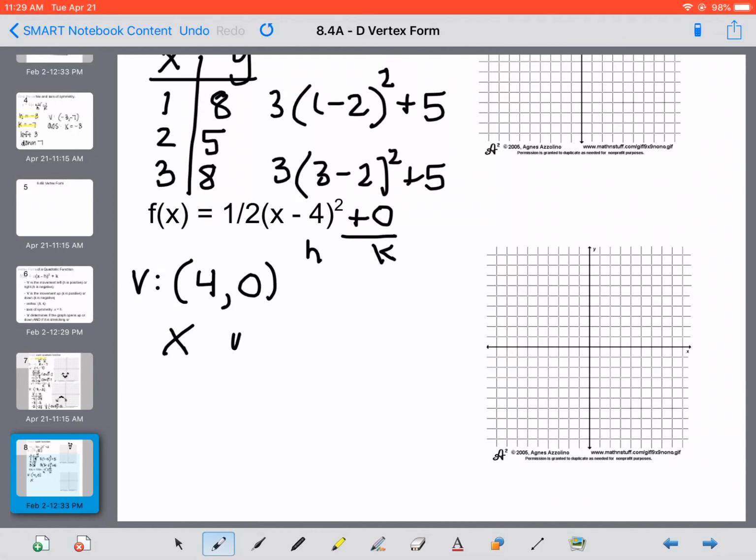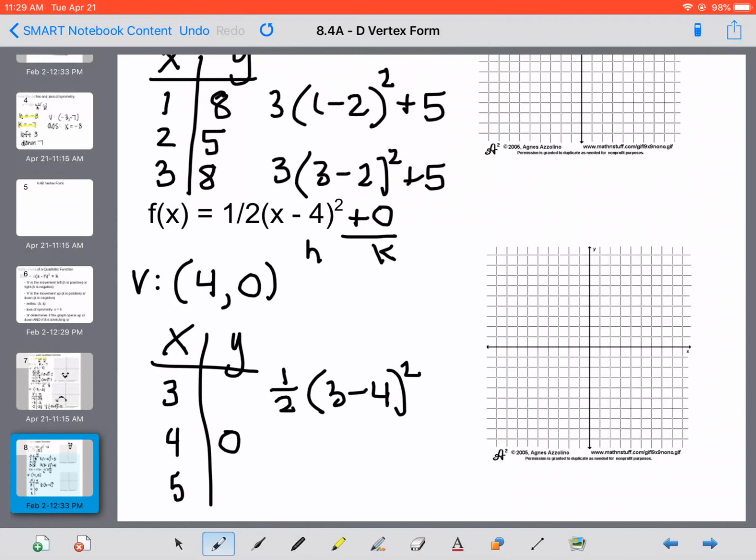And then when I make my table, I put my vertex in the center. 1 below 4 is 3, 1 above 4 is 5. And we're going to plug that in. So we're going to go 1/2 times 3 minus 4 squared. And I could write the plus 0 if I wanted, but I don't have to because when I add 0 it doesn't change it. So this is going to give me 1/2.